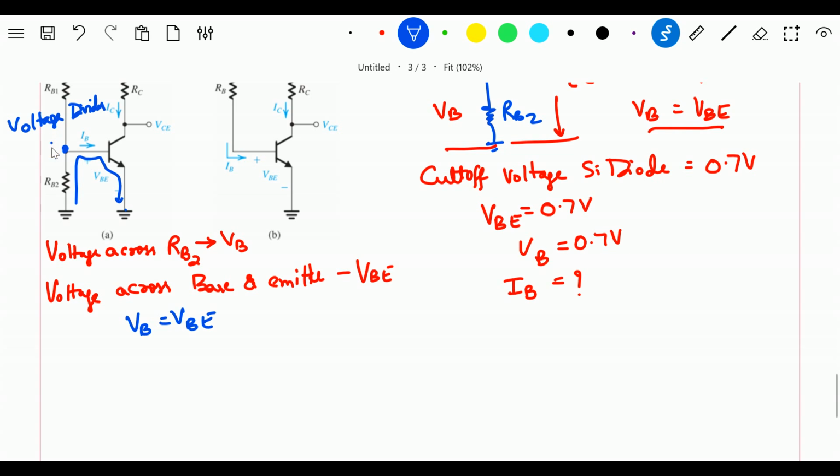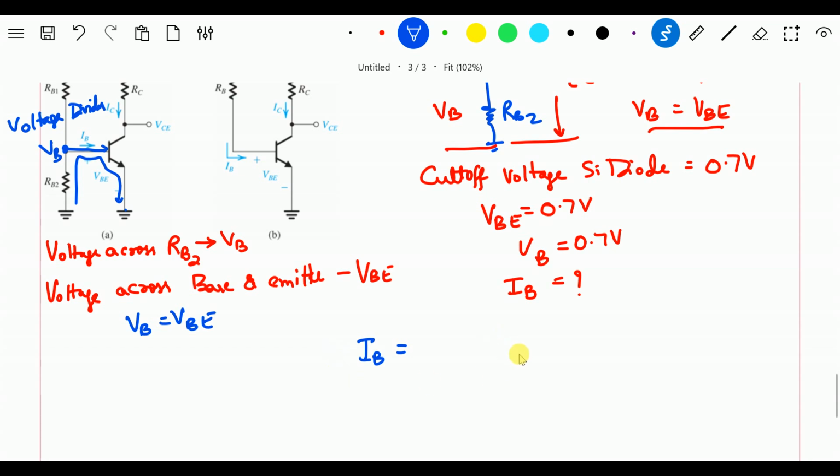So when I look into this loop, I can easily say that IB, the current flowing through the base terminal, is equal to the difference of the voltages across these, divided by the resistance connected to the base, which is RB2.